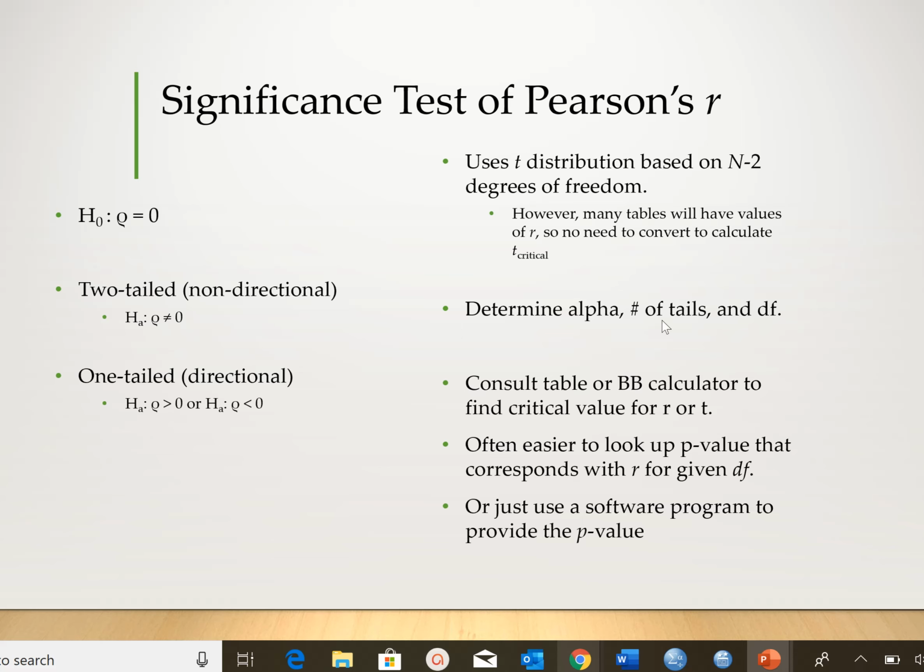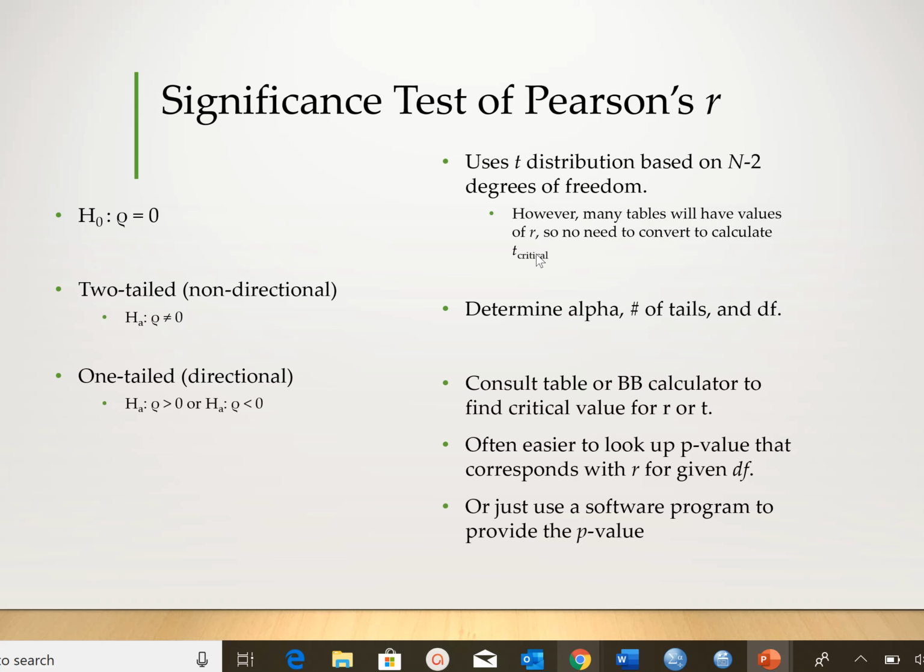The test itself is based on a t-test. It's unusual, unless you're doing this by hand, to actually conduct the t-test, because most software programs and even most textbooks will have information where you can look up the p-value directly from R, but it is based on a t-test with n-2 degrees of freedom.